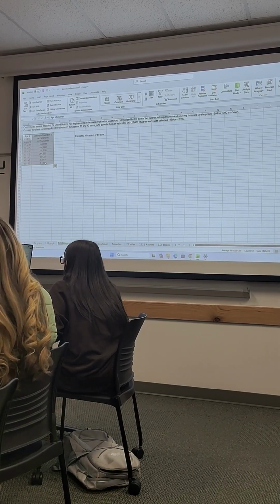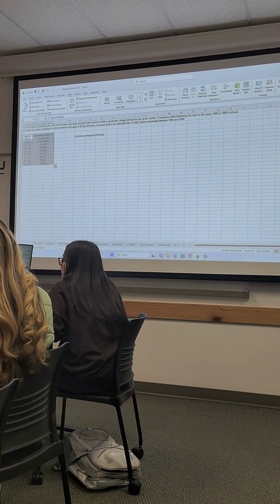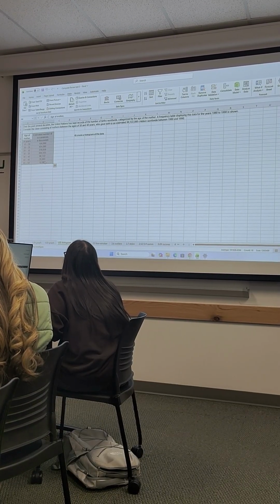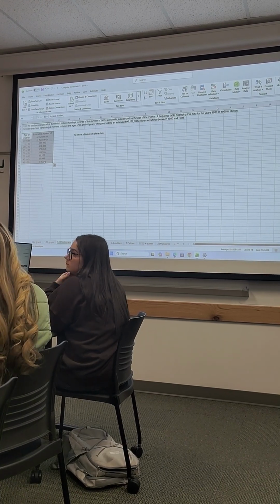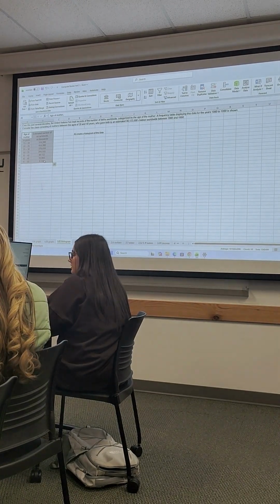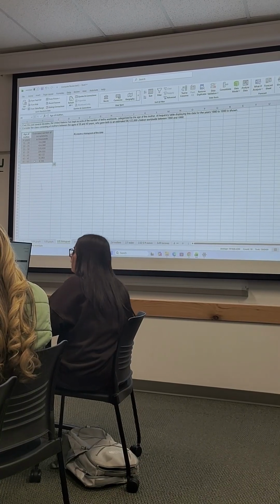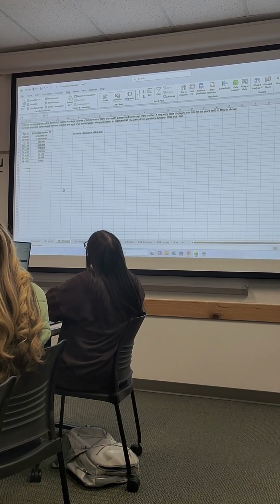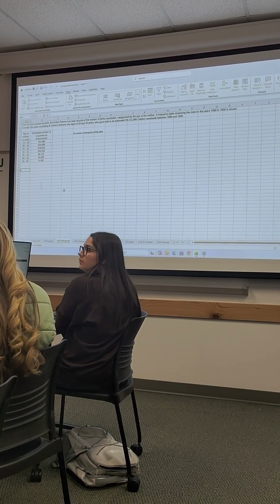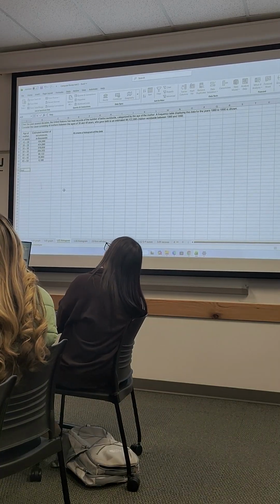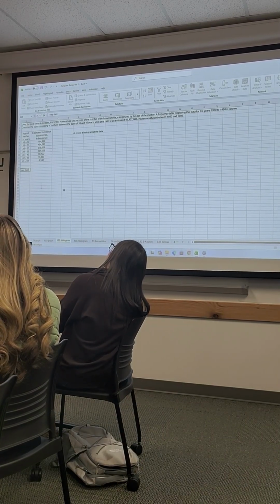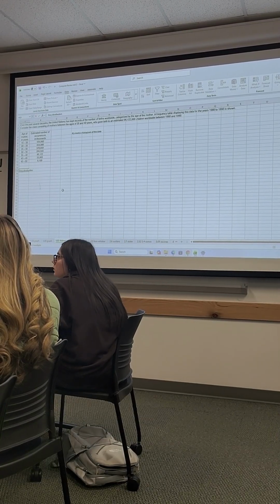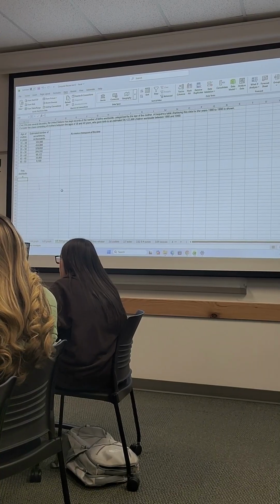Anybody know? It's a frequency table. Frequency, I would call it distribution, but you can call it table. Now, why don't I like this distribution?